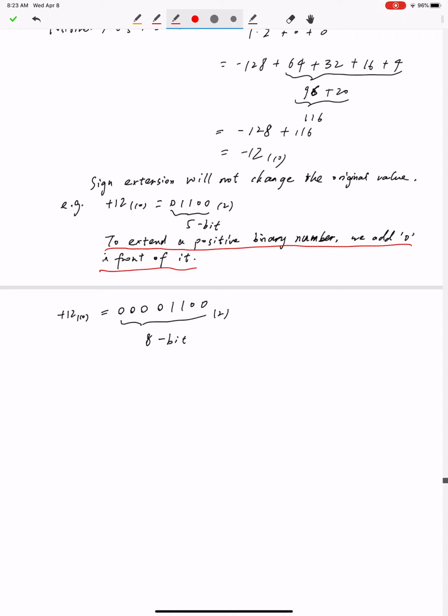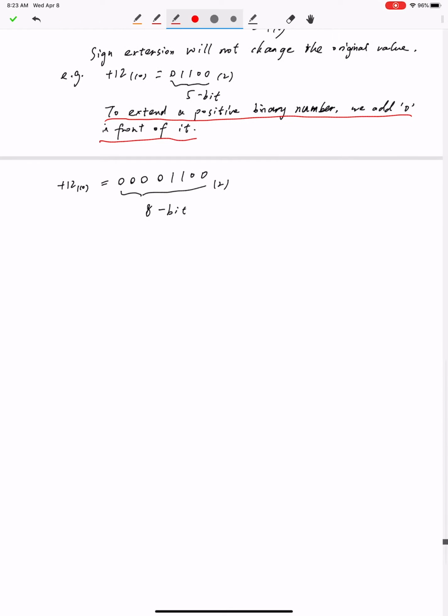Alright, after sign extension, let's talk about the synthesis of logical circuits. Okay.